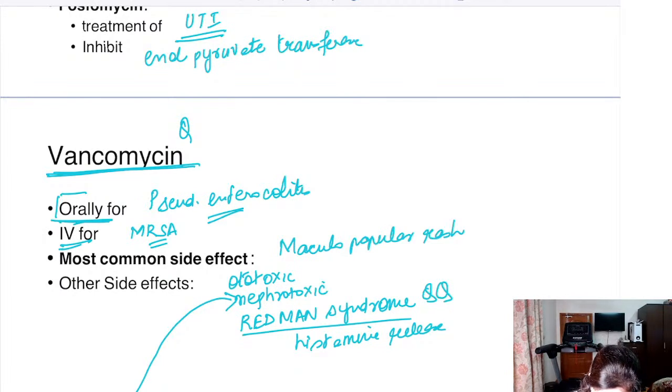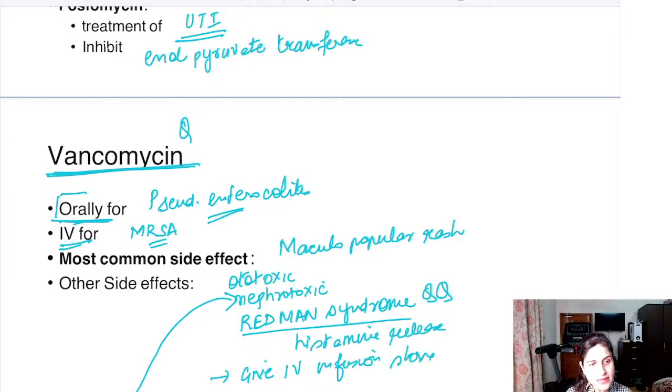You give it as a slow IV infusion, over a period of 1 hour, 60 minutes. If you give it very slowly, you can prevent this.